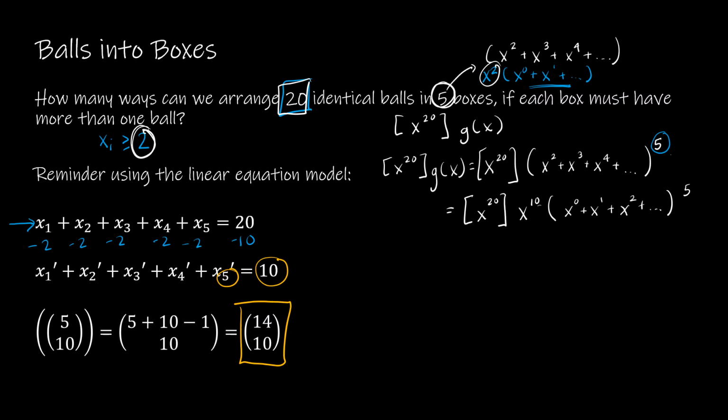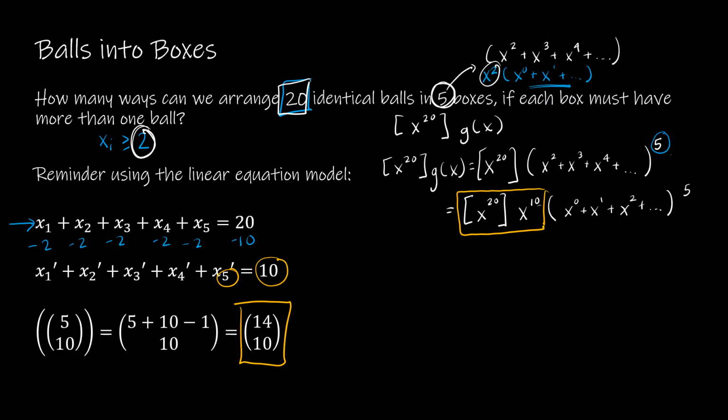Now this part's a little bit new. We haven't done this yet. I want to take a look at the fact that I'm trying to find the coefficient for when x is to the 20th power, but I now have an x^10 that I have factored out. So essentially what I'm going to do is divide by x to the 10th.